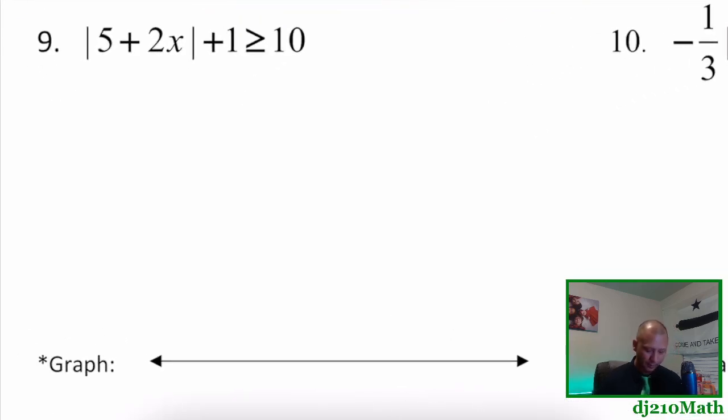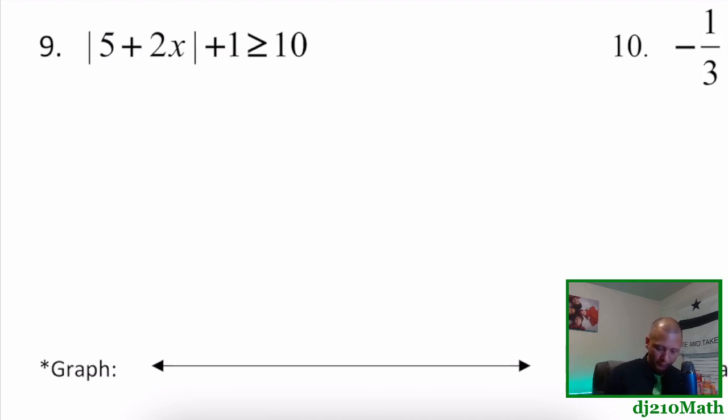Or watch this one. Number 9. We have the absolute value of 5 plus 2x, plus 1, is greater than or equal to 10. First thing I'm going to do is isolate the absolute value. So I'm subtracting 1 from both sides. This is going to be the absolute value of 5 plus 2x greater than or equal to 9.